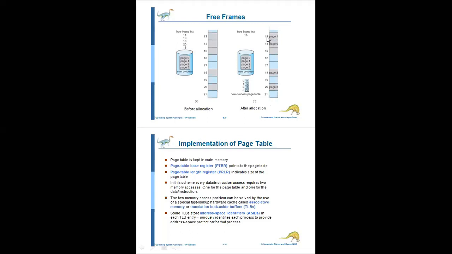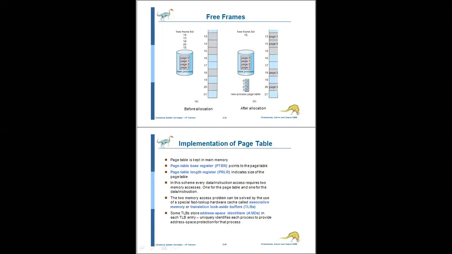At the 18th frame, page 2. At the 20th frame, sorry, page 3. This way we have to allocate the frames. This is before allocation, and this is after allocation.